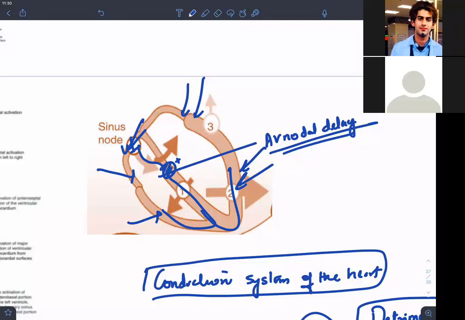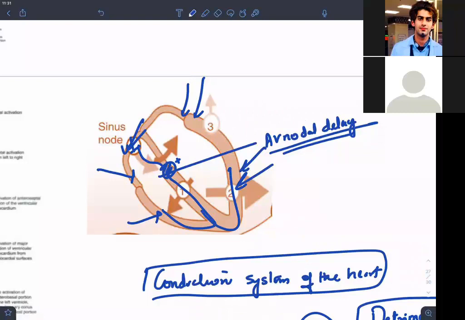The SA nodal objective is actually to depolarize the whole heart, but prior to that objective, you have the objective of depolarizing the atria. But as a law of cardiac output, you can't do two things at the same time. That's why the AV node is coming into play.